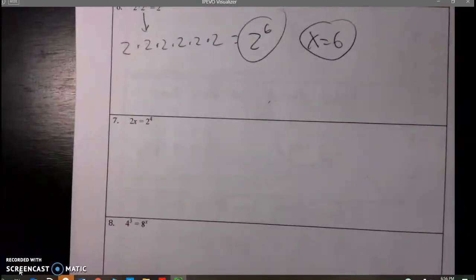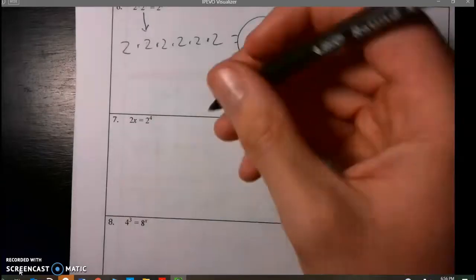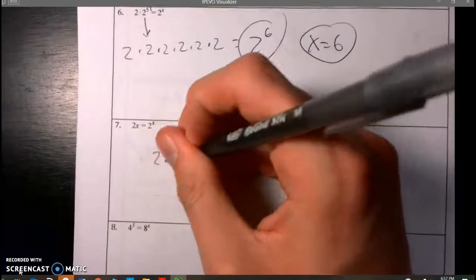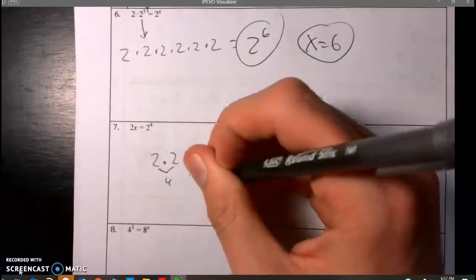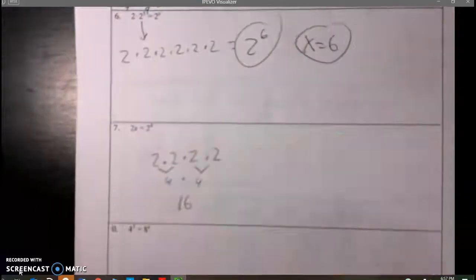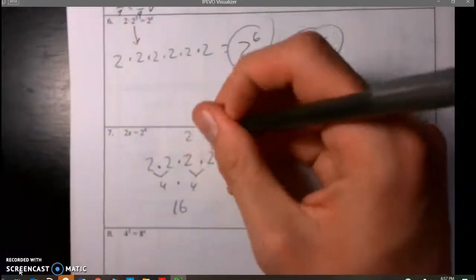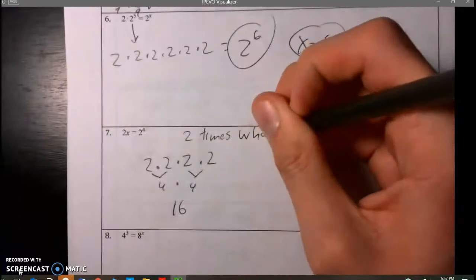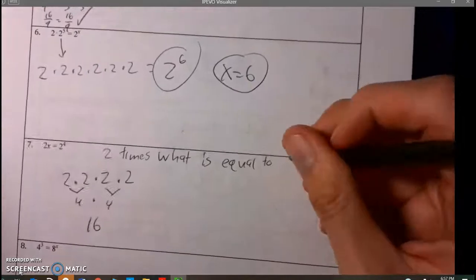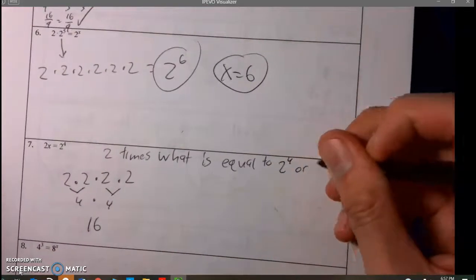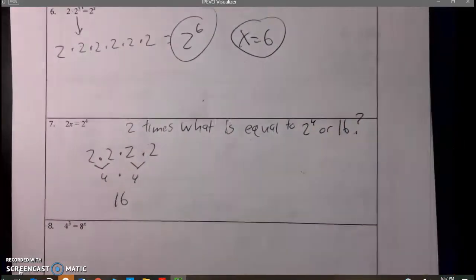This one's interesting. So 2 times what is equivalent to 2 to the 4th power? So first, we should probably figure out what 2 to the 4th power is. 2 times 2. This is 4. This is 4. So this is 16. All right, so 2 times what is equal to 2 to the 4th power, which we just found out is the same thing as 16.